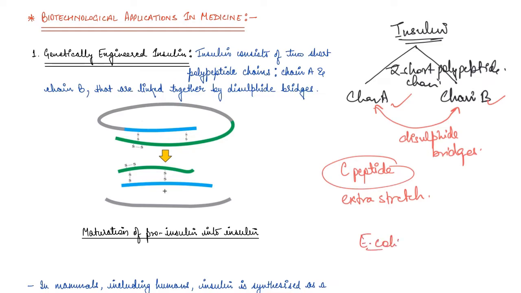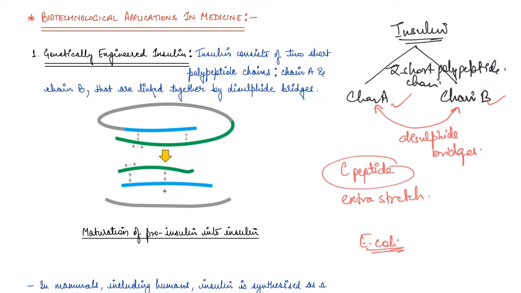Chains A and B were produced separately, then they were extracted from E. coli and combined by creating a disulfide bond, and we created a fully mature human insulin.